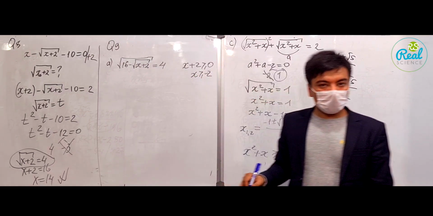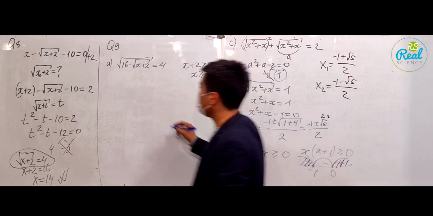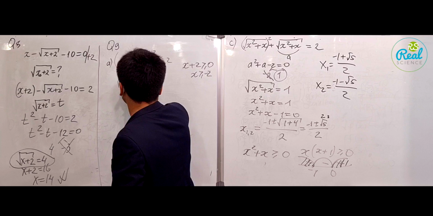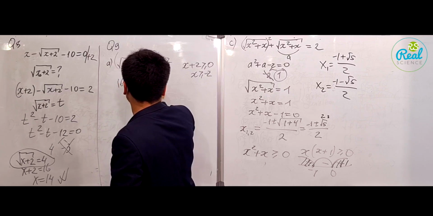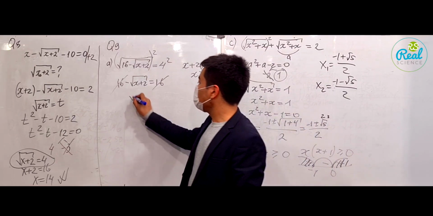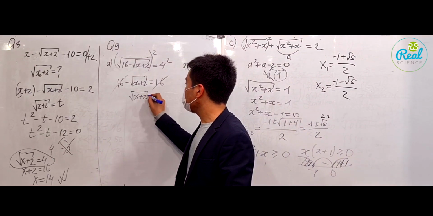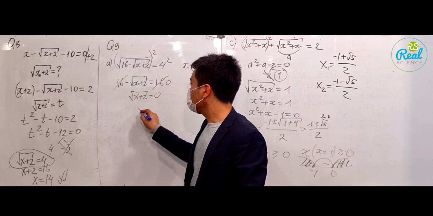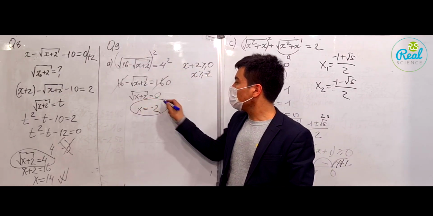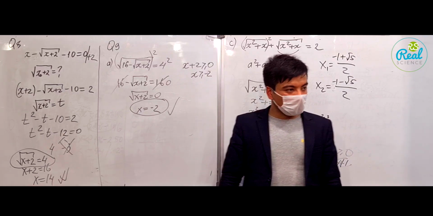Because inside of the square root must be positive. And now we are raising to the second power, yeah? And the same things, and only x plus 2 equals 0, x is minus 2. But minus 2 is possible. Yeah?